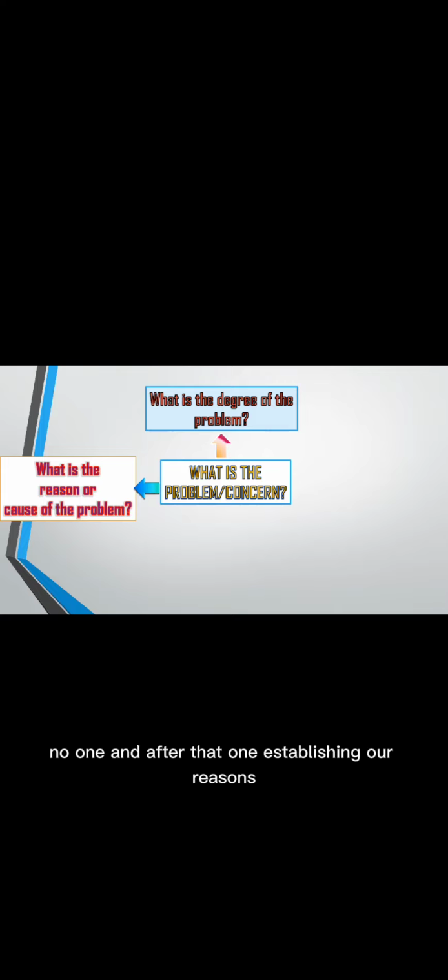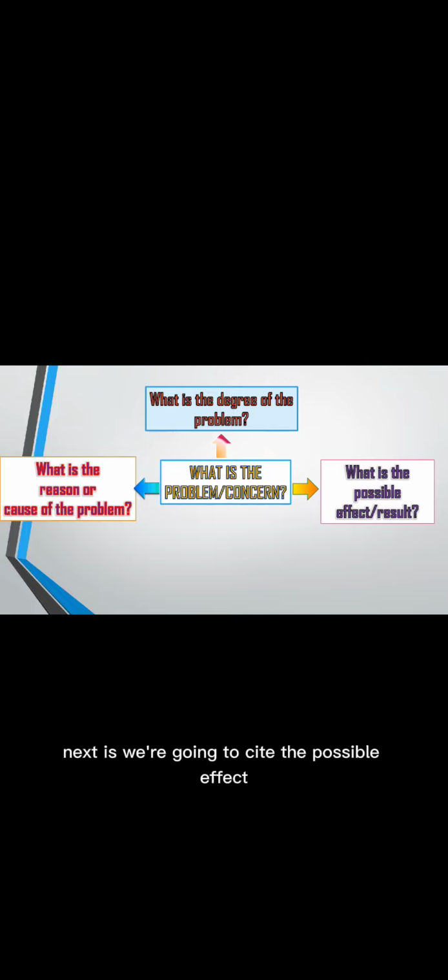After establishing the reasons or the causes of the existing problem or concern, next we are going to cite the possible effect or result if this particular problem or concern could not be solved. Okay?